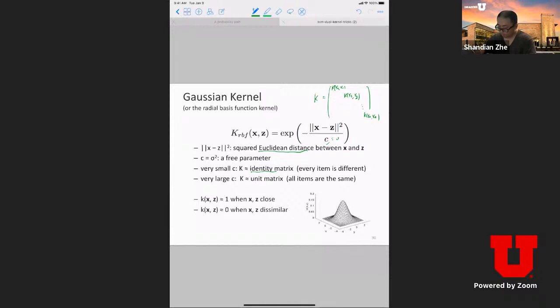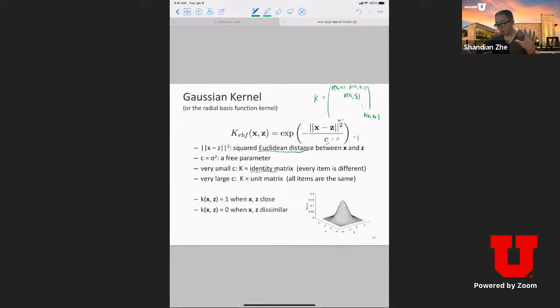The numerator will always be 0 in the diagonal elements, and then exp to the power of 0 is always 1. But for off-diagonal elements, say k(x1, x2), you have a small difference here, so the numerator is non-zero. But when c is close to 0, some number over a number close to 0 approaches almost infinity. Then you take the exponential of minus something close to infinity, and you end up with 0. That's why.